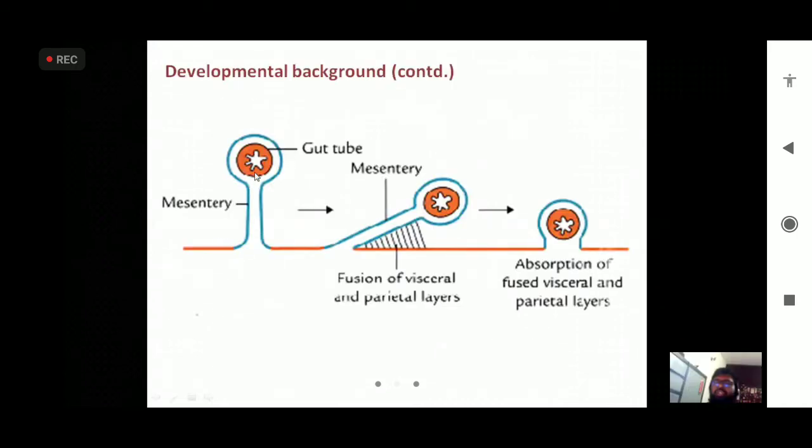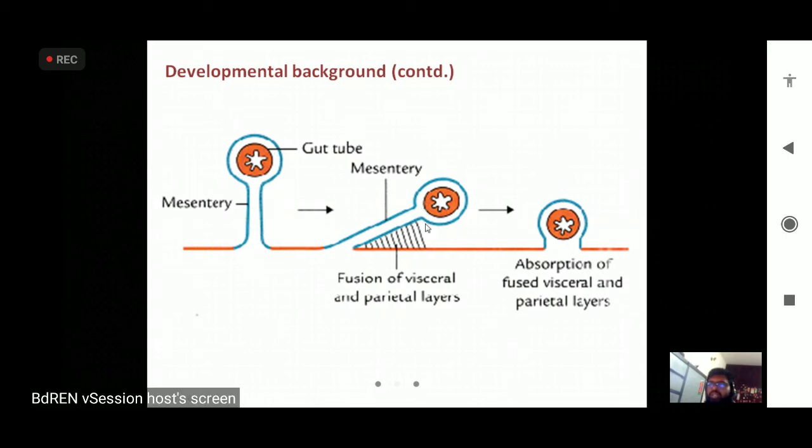Say for example it is the duodenum, right? That tube, say you take it as the duodenum, with its mesentery as it is. Initially it was fully covered by peritoneum on all sides. But what happened? It fell on the parietal layer. This is the visceral layer, and this is the parietal. The red one is the parietal layer, and the blue one is the visceral layer.